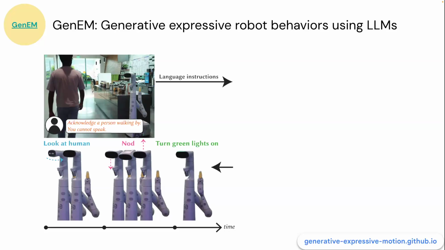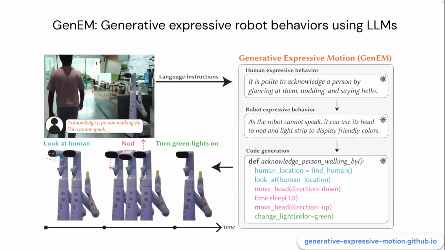And so he leveraged LLMs in two ways. The first thing is that he asked the LLM, hey, if I want you to acknowledge a person, how would a human do that? And the LLM can retrieve that pretty simply. And then, again, just using in-context learning, we can get it to translate that to what a robot should do, given what humans do and the APIs on this robot.